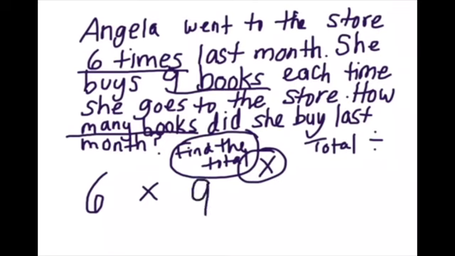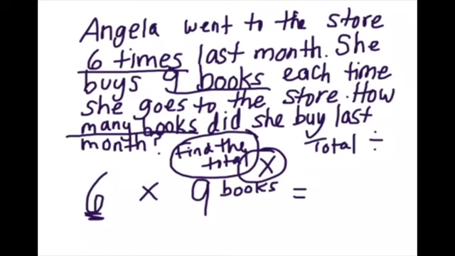Those are the 2 numbers it tells me in the problem. And we also know that there are 9 books that she bought for each visit to the store. And she went to the store how many times? 6 times. So 6 times 9 books. 6 times 9, how could we figure that out?